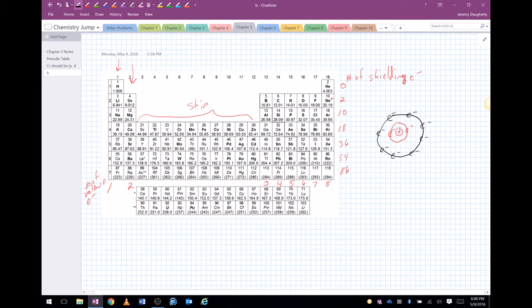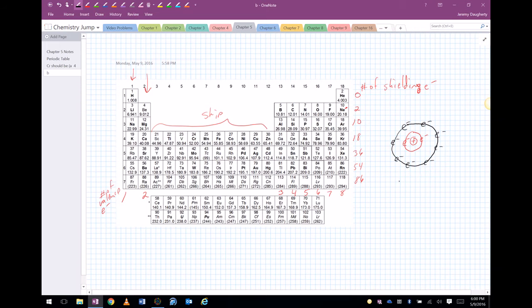Okay, now these in the black, those are the valence electrons. In the red, those are the shielding electrons. So it's basically all the electrons that are not the valence electrons. Okay? So that's valence electrons.